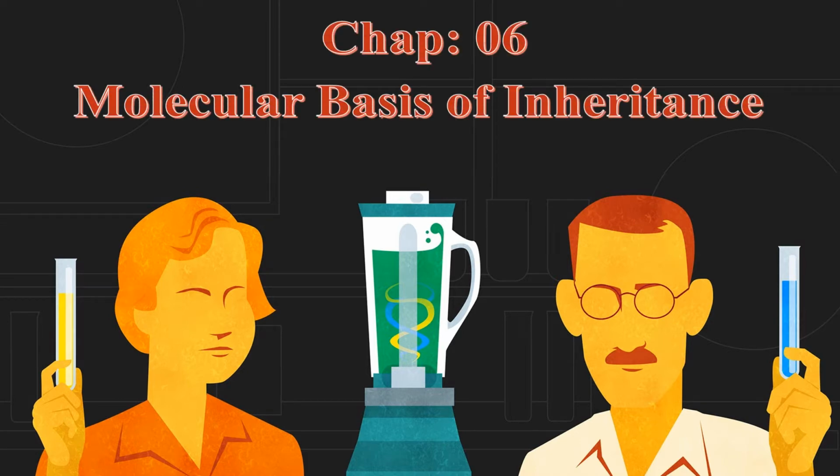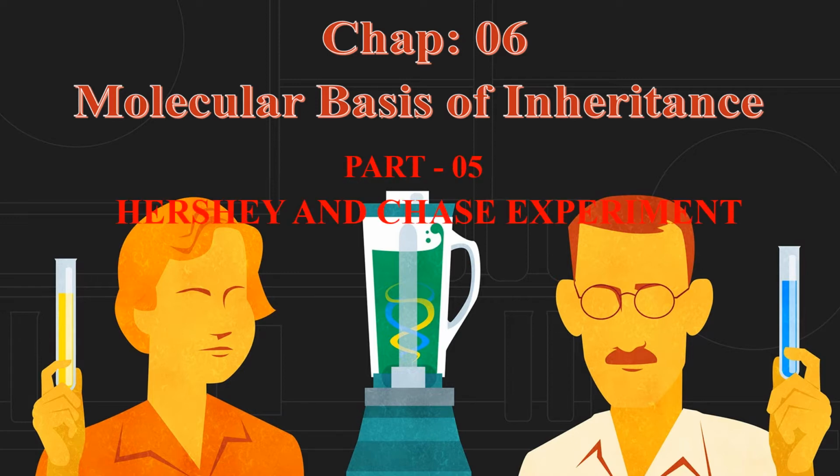Chapter 6, Molecular Basis of Inheritance. In the last video, we discussed the Griffith experiment and the Oswald Avery, MacLeod and McCarthy experiment. In this video, we are going to discuss the Hershey and Chase experiment.